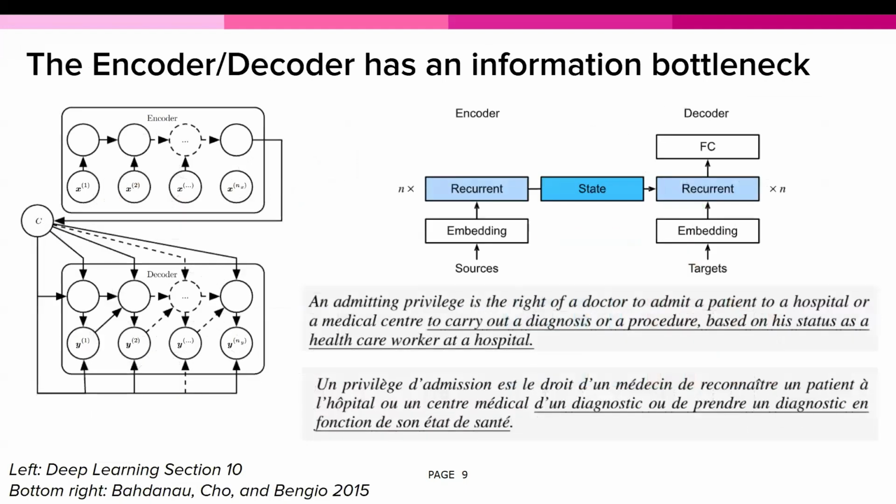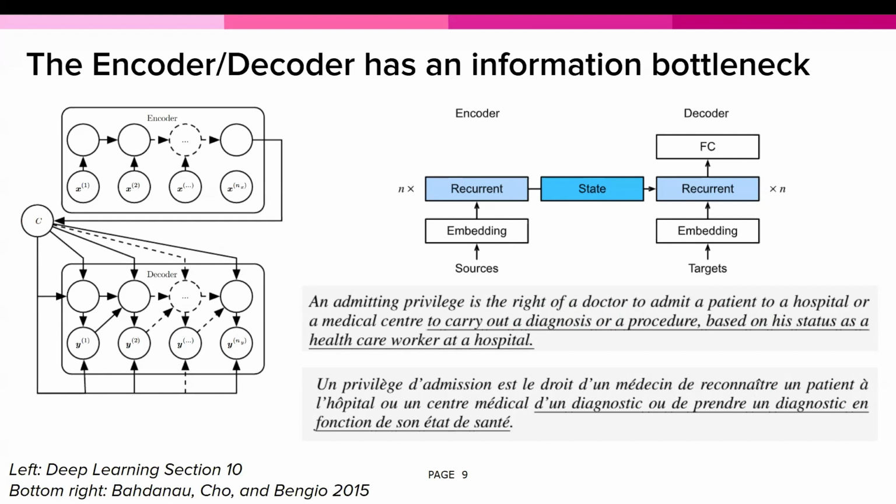But it had a critical limitation, and that is because it relied on this fixed dimensional hidden state. Fixed dimensional context vector, we can also call it a hidden state context vector. This whole thing relied on it to capture and transfer the entire meaning of the input sequence from the encoder to the decoder.